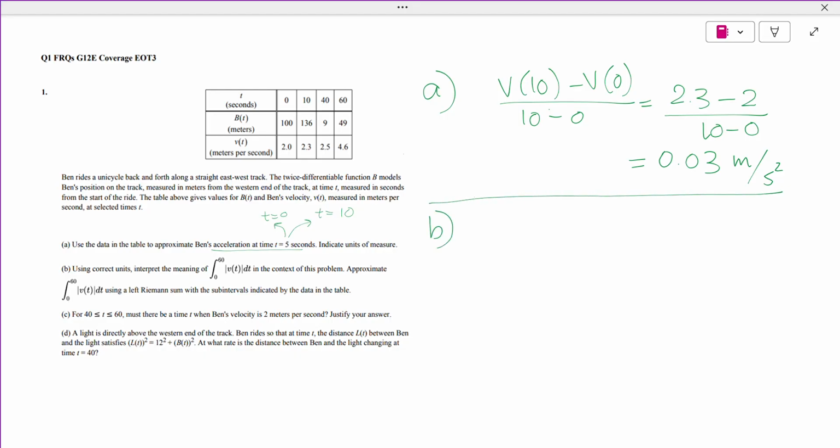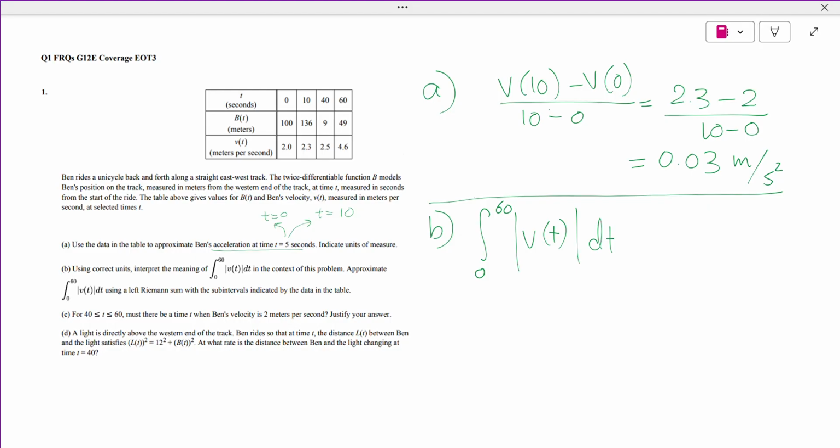The second part says, using correct units, interpret the meaning of the integral from 0 to 60 of the absolute value of V of t dt, right? What does this integral mean? And then approximate it using a left Riemann sum with the subintervals indicated by the data in the table. What does this integral mean?